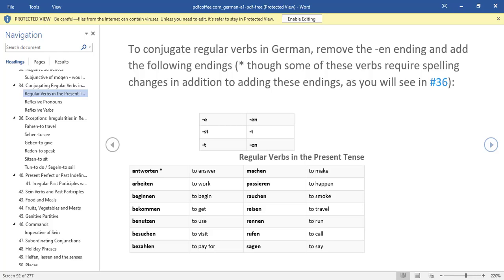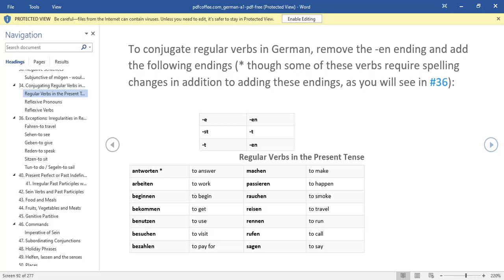Besuchen, to visit. Ich besuche meine Familie. I visit my family. So ich besuche, du besuchst. After CH, you add ST. Er, sie, es besucht. Wir besuchen, ihr besucht. Sie besuchen.